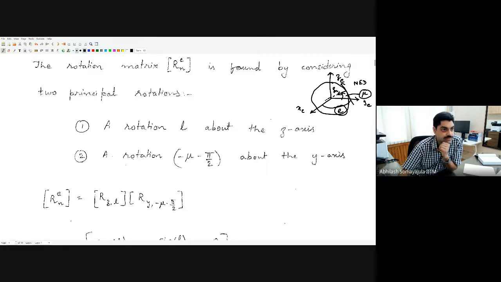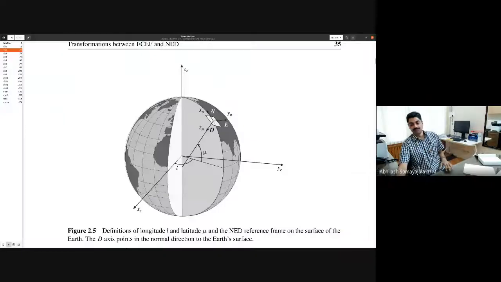All right, so this picture will do much more justice. This is the picture from your textbook actually. So notice that suppose I am drawing a NED plane here where you see my mouse pointer.